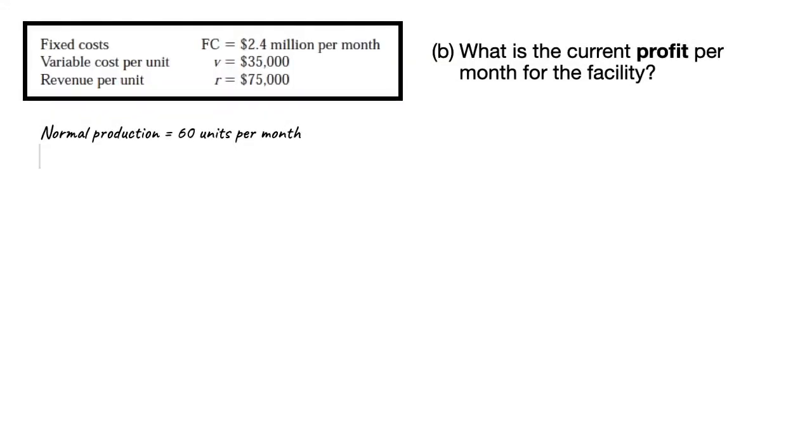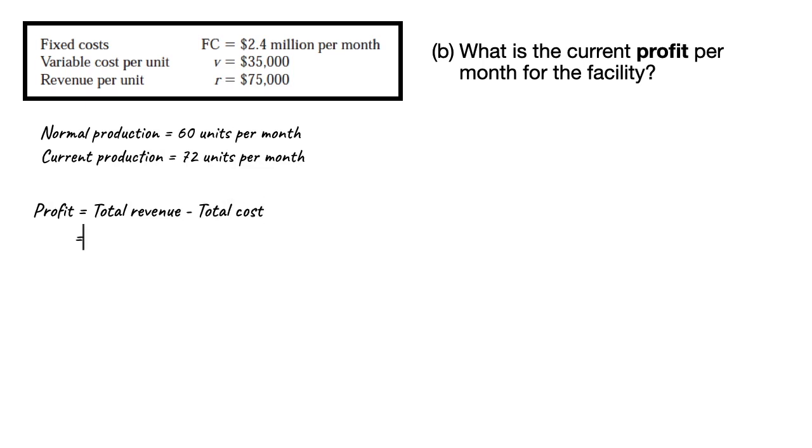The second question asks you the current profit per month for the facility. Normal production is 60 units, but currently, because the economy is booming, they managed to produce up to 72 units per month. So your calculation must be based on the 72 units. If you remember from our previous shirt example, profit is equivalent to total revenue minus total cost.